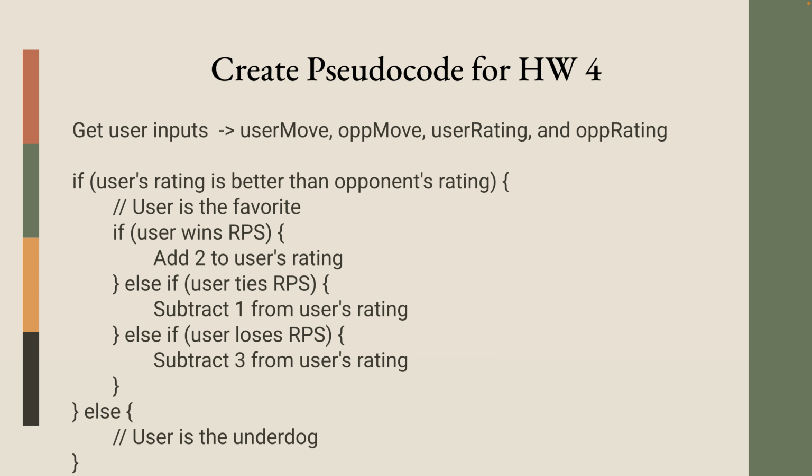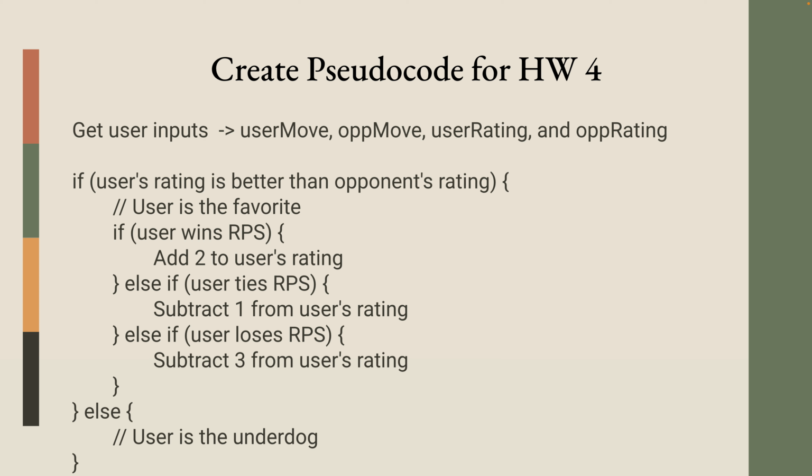And if that's the case, if the user is better than the opponent, then we know the user is the favorite. So all the code between these two brackets, the user's better. Even though we have another if-else statement inside of it, everything in here means the user is the favorite. And everything in the else case means the user is the underdog, right?